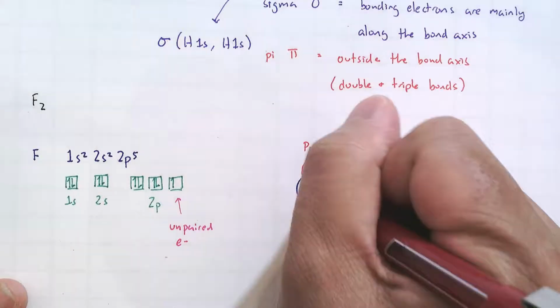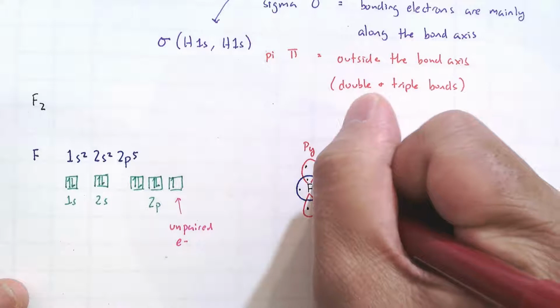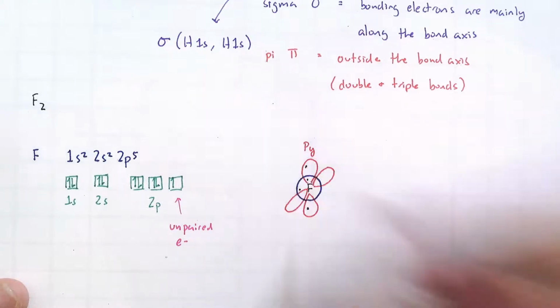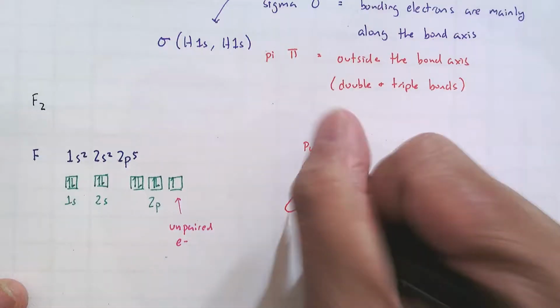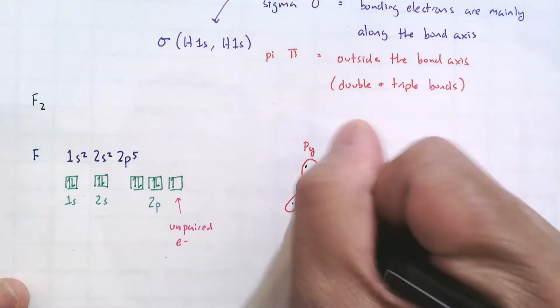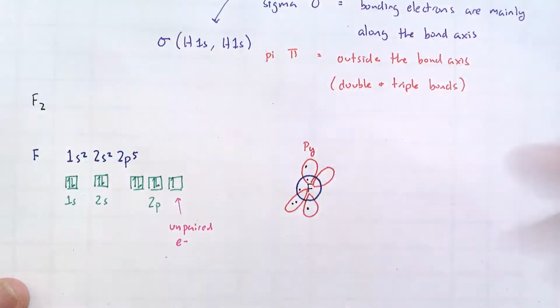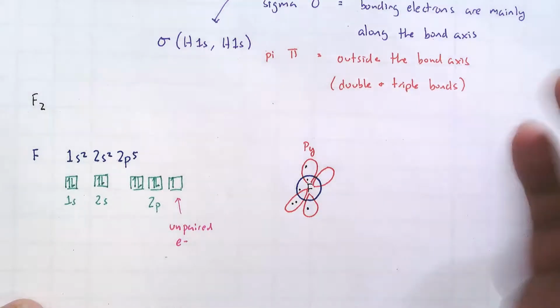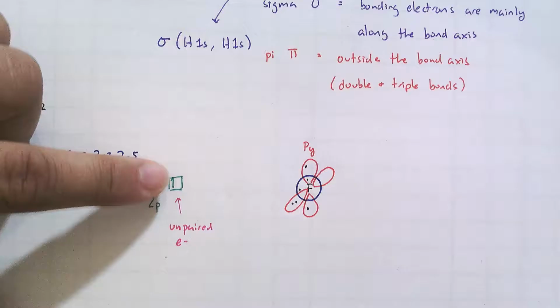They're all perpendicular. There's one in and out of the plane, into the plane of the paper, out of the plane of the paper. And I'm going to put also 2 electrons. It doesn't matter if you put the 2 electrons in the same lobe or in different lobes. Just know that you can only put 2 electrons maximum in each p orbital. So we haven't taken care of this one.